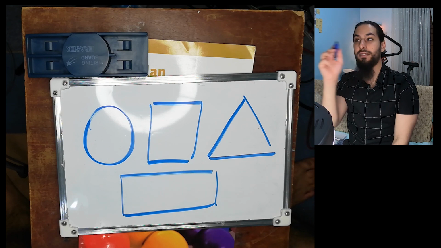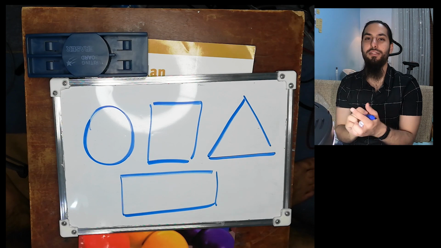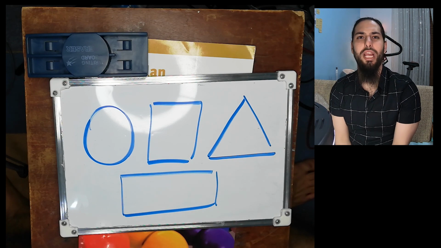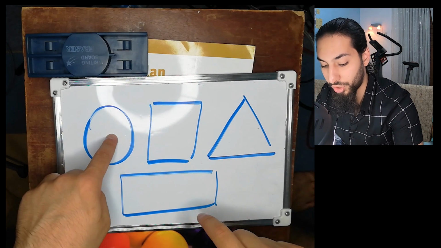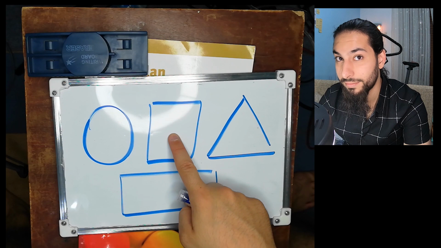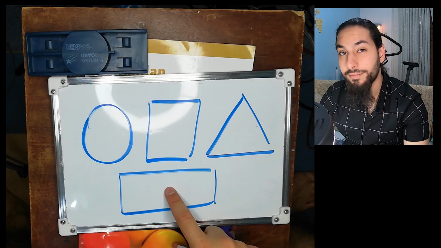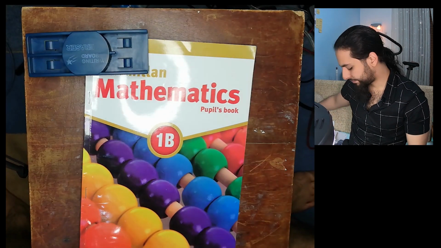What's this? Draw it in the air with me. Do it with me here. With your hand. You can just do it with your hand. What's this shape? That's right. It's a rectangle. Okay? So we have a circle, square, triangle, rectangle. Very good.